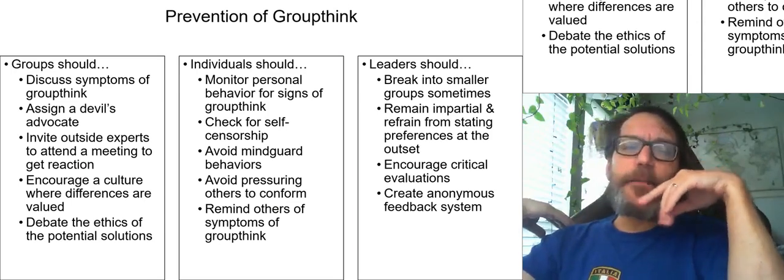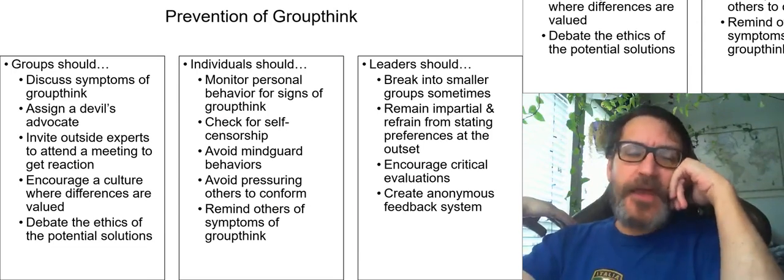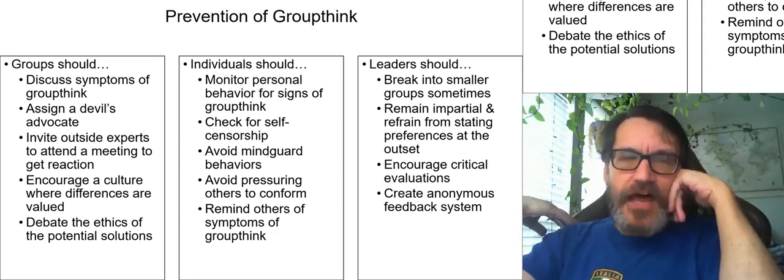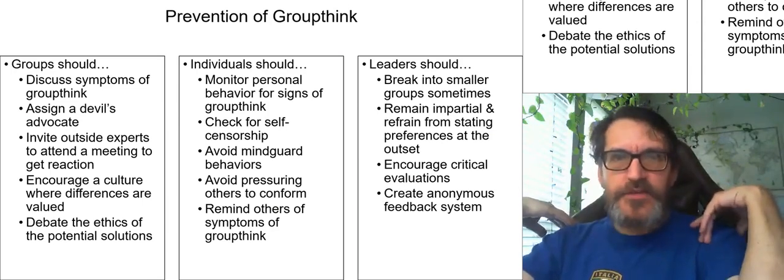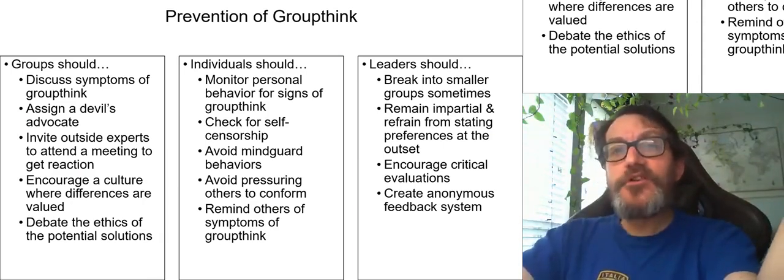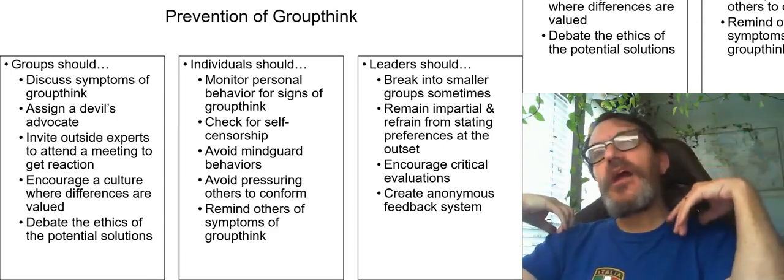But what was happening is that they had such a hierarchical power structure that the boss would say, I think we should do this plan of action. And everybody in the room said, yes, boss, you're right, that's what we should do. Because that's just what you have to do with your boss. You have to agree with your boss no matter what you think inside. And so this is the ultimate groupthink.